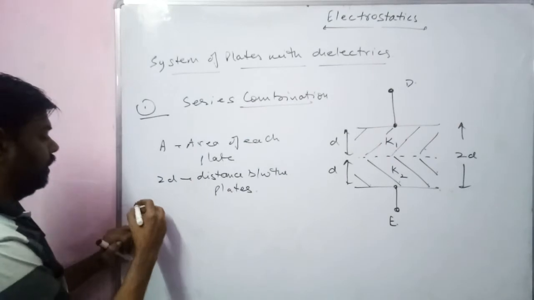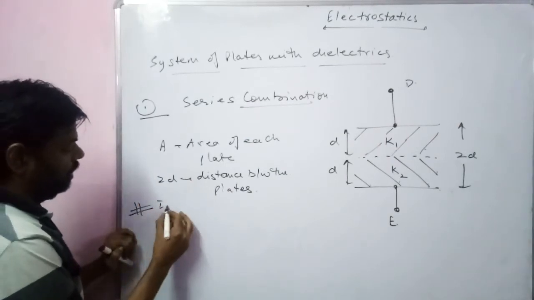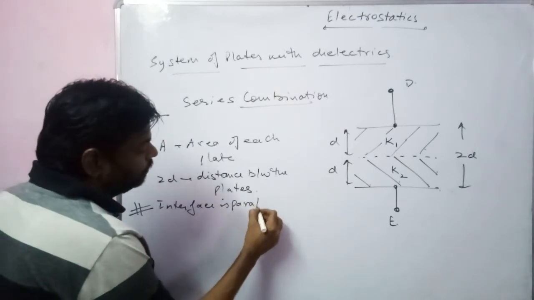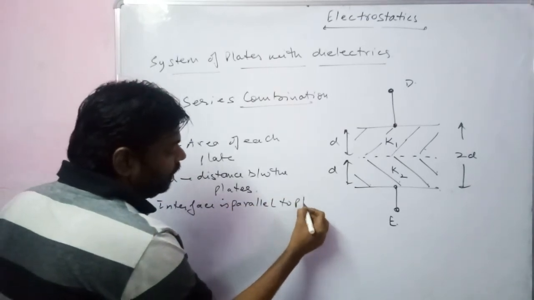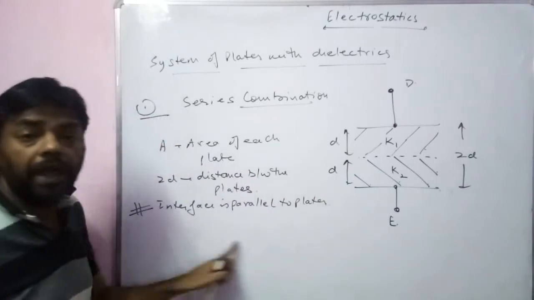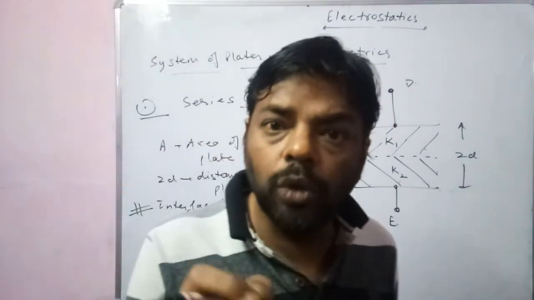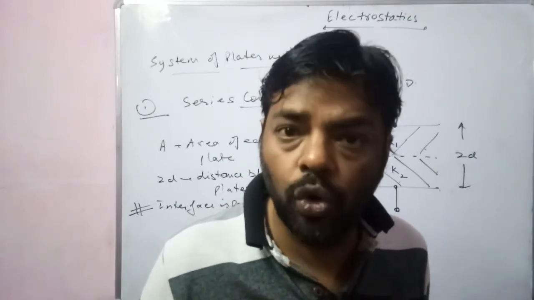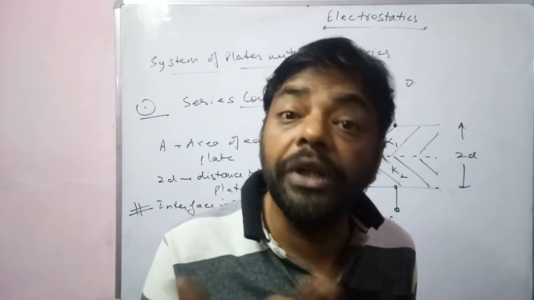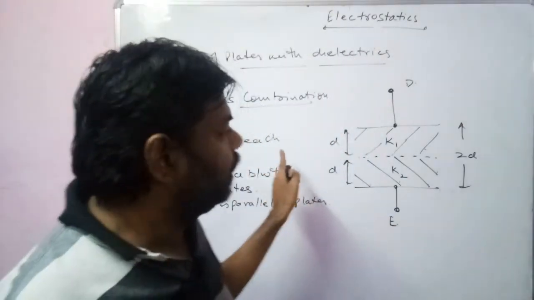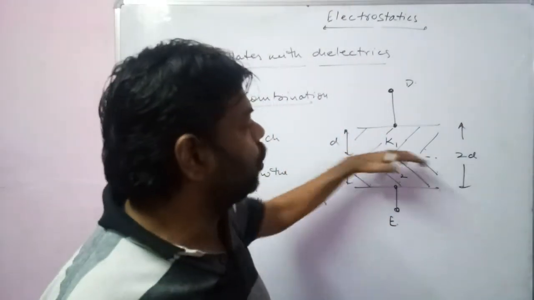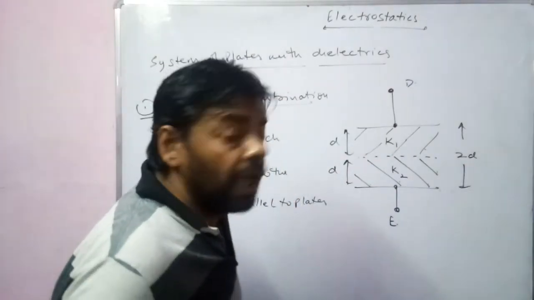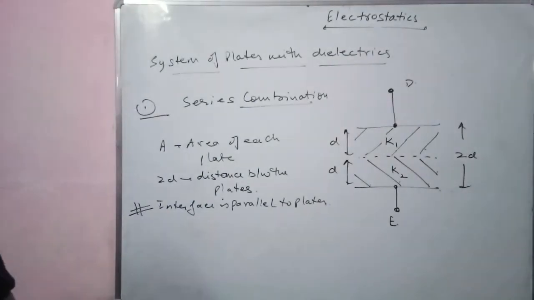When the interface is parallel to the plates, it is always a case of series combination. Why am I saying so? Because we have to rebuild the circuit. Now what you have to do, we are going to break the system at the interface. Okay? How are we going to break the system? Take a look.